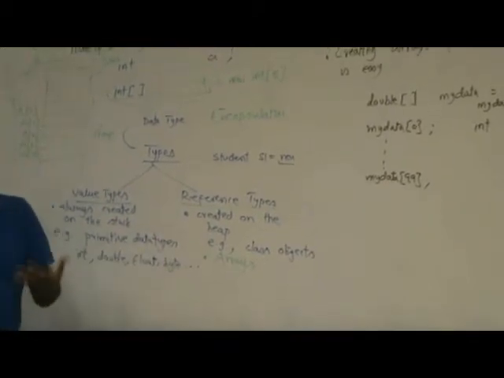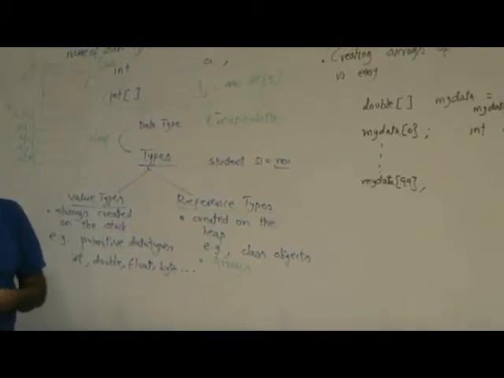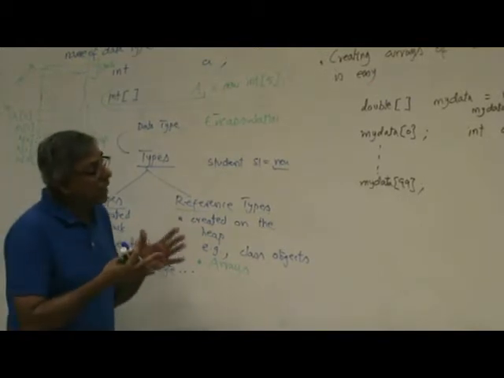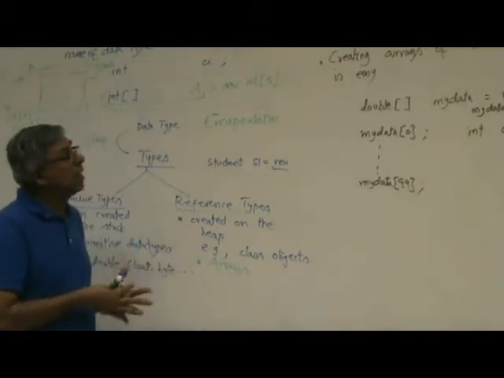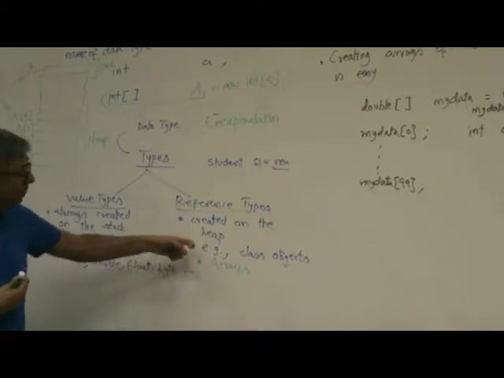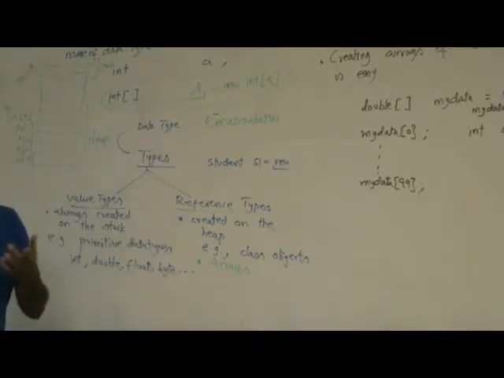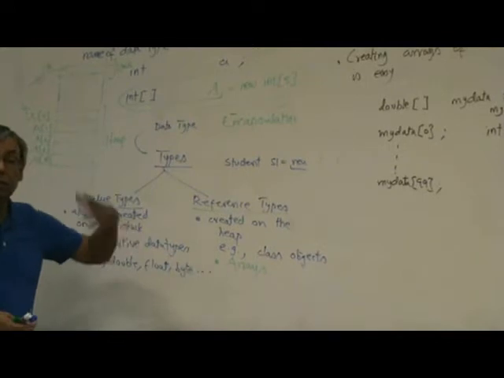A reference type itself is created on the heap, so it's like the heap being used twice. One to create the memory for a class object, second time to create the memory for the array itself.